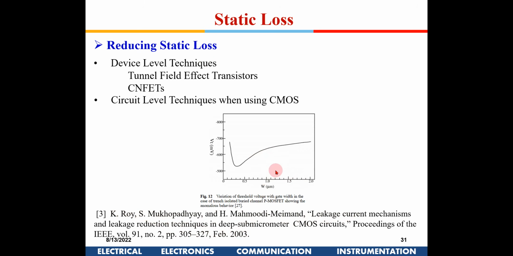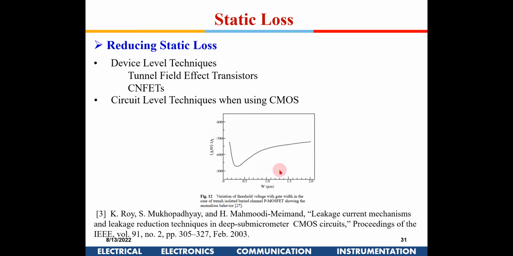It says for submicron devices, if you keep width low, that will reduce VT, and reduction in VT will increase the static current. So it says if you want to reduce static current, you have to increase the width. Okay, that is what it says. But if you increase the width, the capacitance increases, so that might deteriorate your switching characteristics.